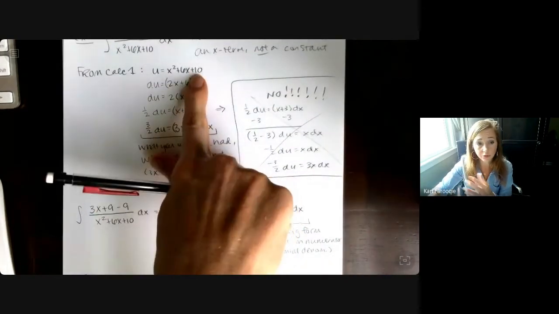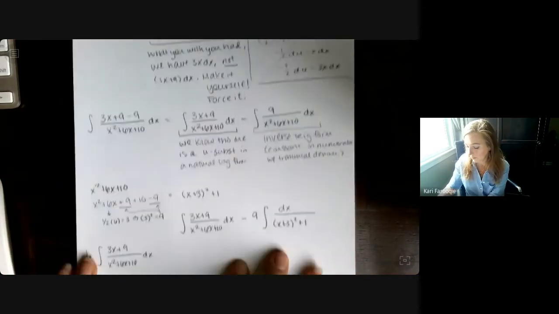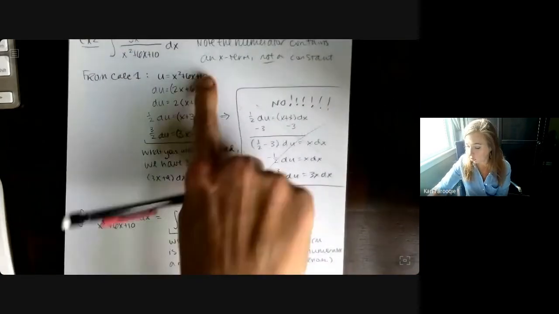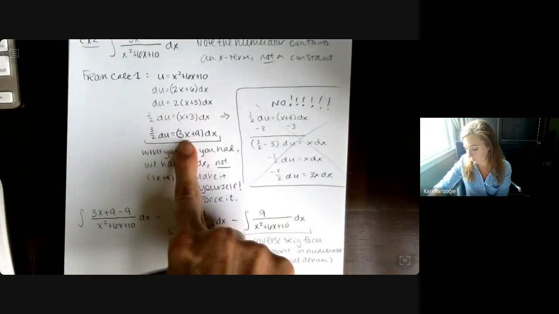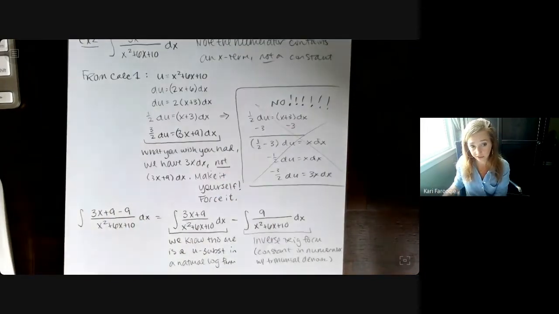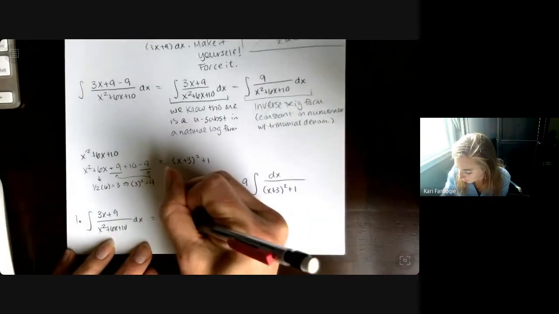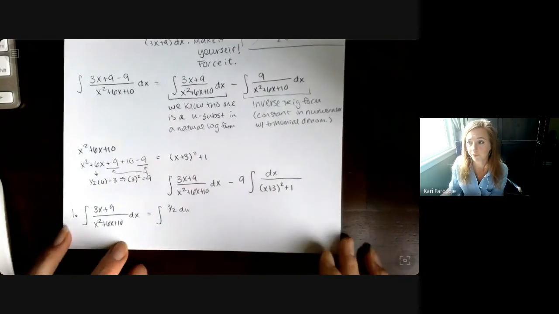So what you learned in Calc 1 was if you're not sure what to do, especially if your denominator is 1 degree more than your numerator, just let u be the denominator. So that's what you did. You let u be the denominator, and you figured out that 3/2 du would be equal to 3x plus 9 dx. So you're going to take your 3x plus 9 dx and turn it into 3/2 du.